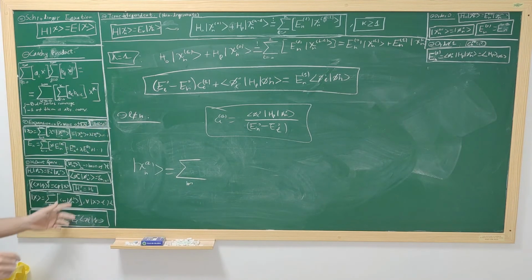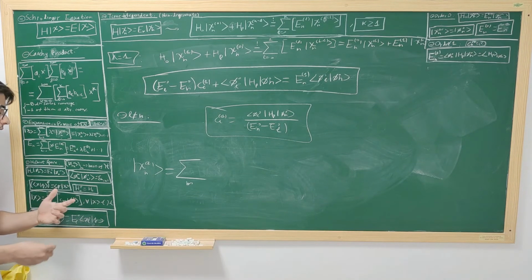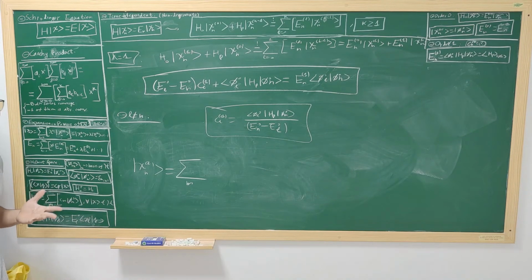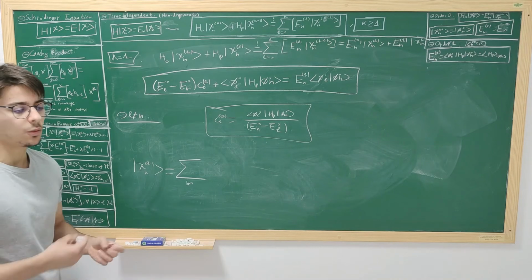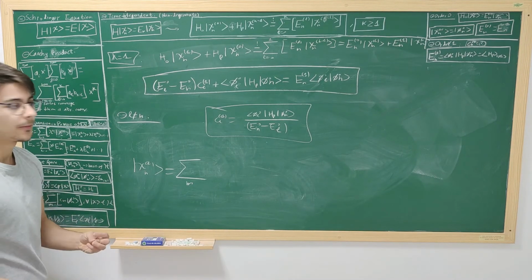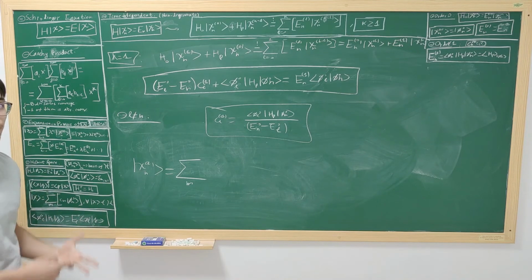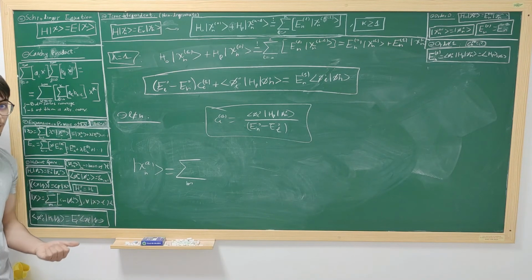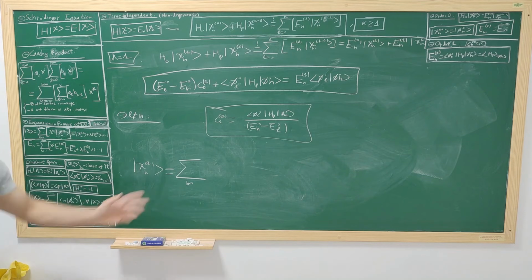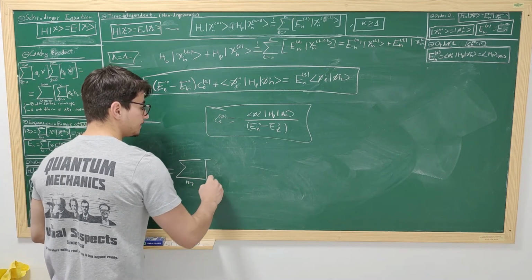Just remember that when we have our basis elements phi m, m can, depending on the Hamiltonian, be 0, 1, 2, 3, go to infinity, or it can have some other numeration. In general, we don't know how we have numbered the terms of the basis, so we just write the sum over all m of this.